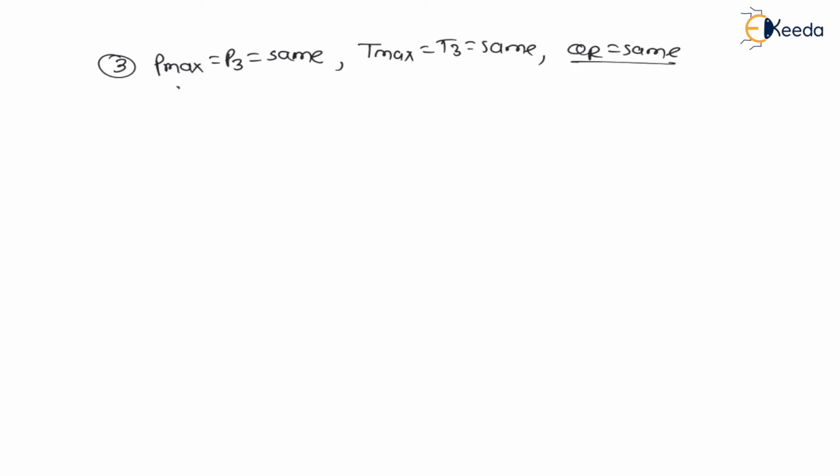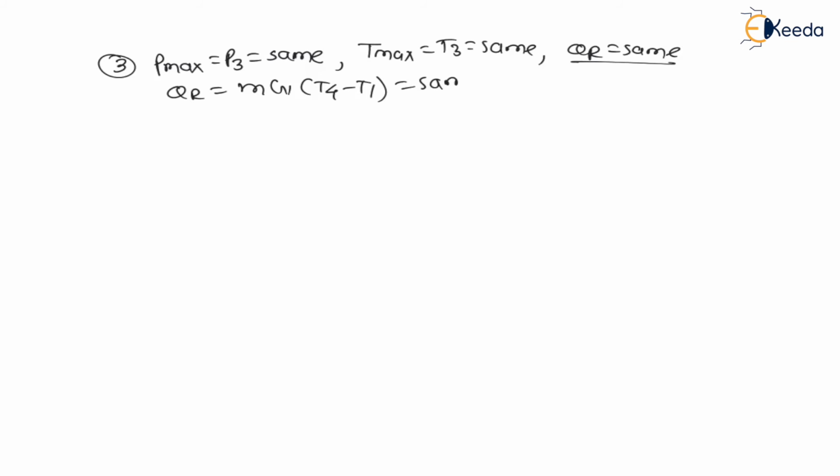The third parameter for comparison is maximum pressure, that is, P3 is the same for Otto, diesel and dual. Again the maximum temperature, that is T3, is the same, and heat rejection is the same. My dear students, 4 to 1 is the heat rejection process, that is, heat rejection is equal to m Cv (T4 minus T1).